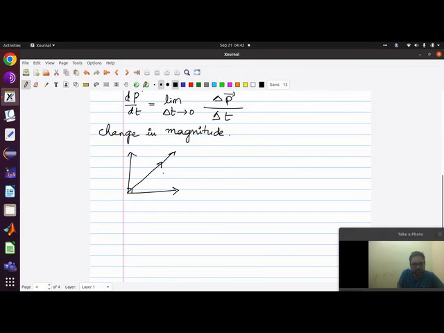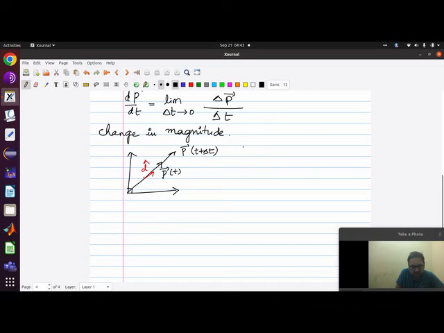So you have a vector P, and after time delta t, this is your vector, and d cap is your direction vector. Okay. Change in magnitude, the direction is constant.